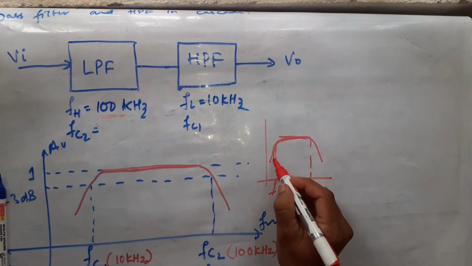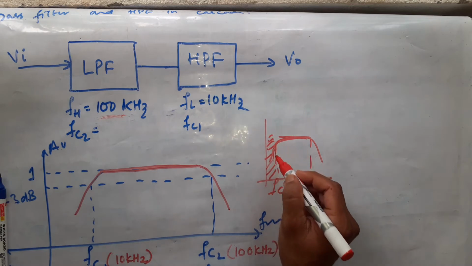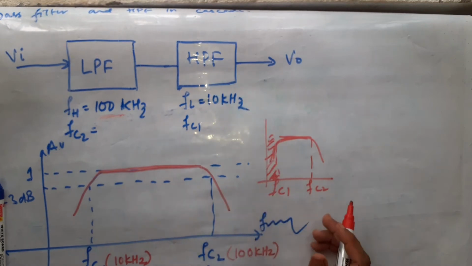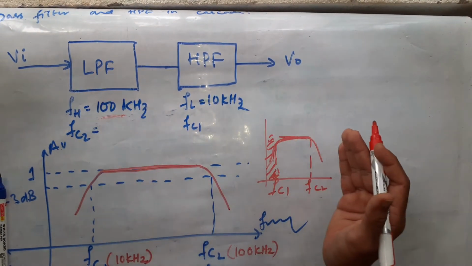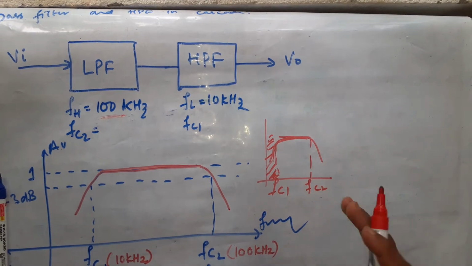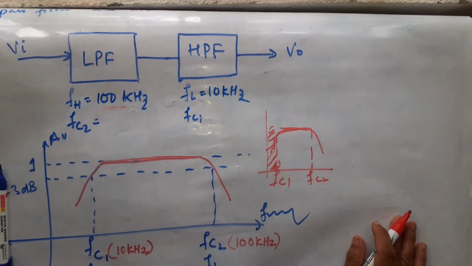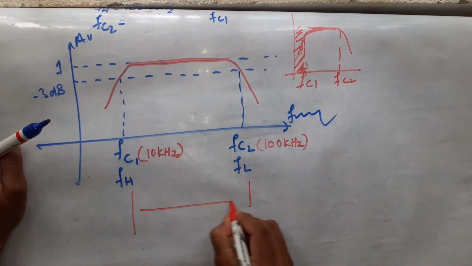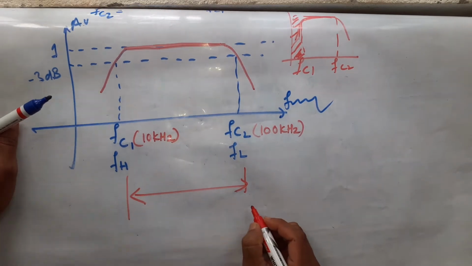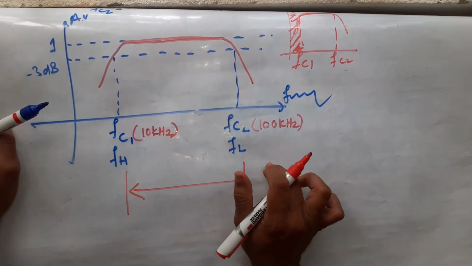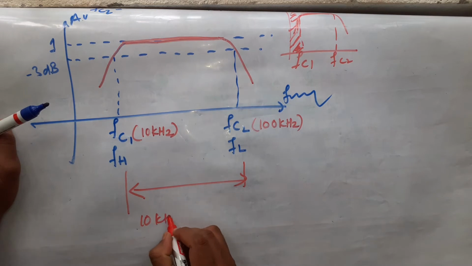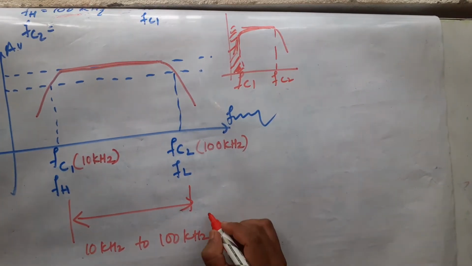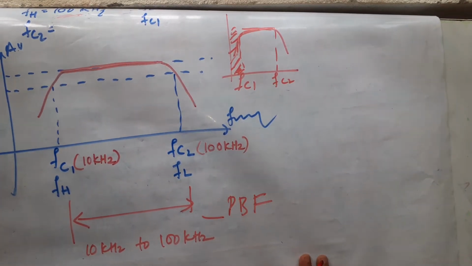Below 10 kilohertz means this portion will be blocked by the high pass filter, and the low pass filter will make sure it is blocking all the frequencies after 100 kilohertz. So the combination of these filters will pass a band between FC1 and FC2, that is 10 kilohertz to 100 kilohertz. So this is what makes it a band pass filter.